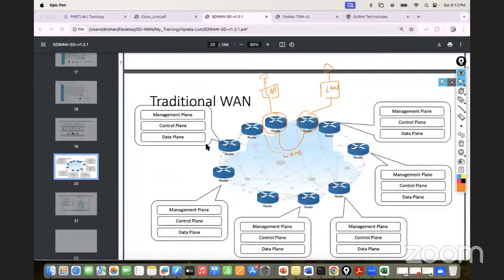The cost saving is going to happen. The complex configuration is going to be minimized. Poor cloud performance is also simplified, meaning if you integrate with the cloud, that is going to be simplified. Additionally, whatever traffic is processed via your legacy WAN, you don't have visibility into what the user is accessing, what kind of application, and how much bandwidth he is consuming.